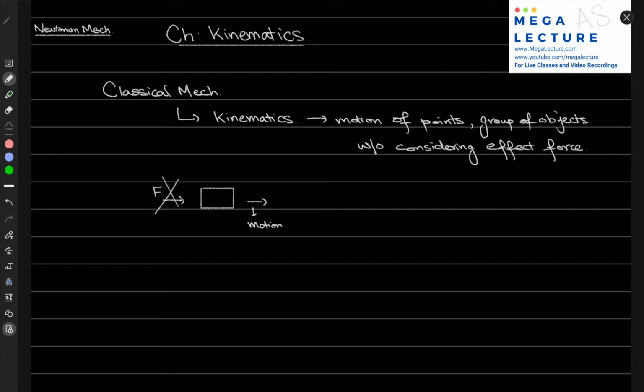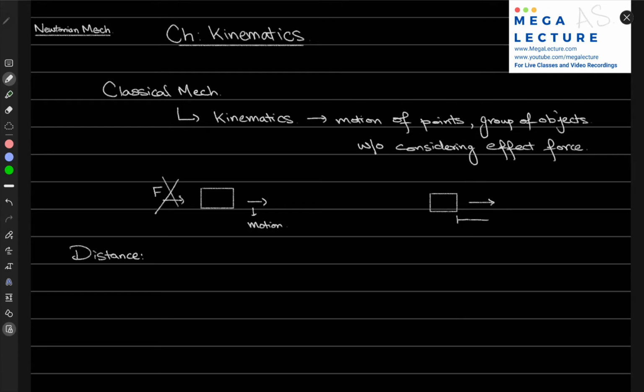So let's start by defining some of the quantities that we'll often be using in kinematics. The first one is distance. So how do you define distance? Think of the same example. Consider you have a box and it moves in space.